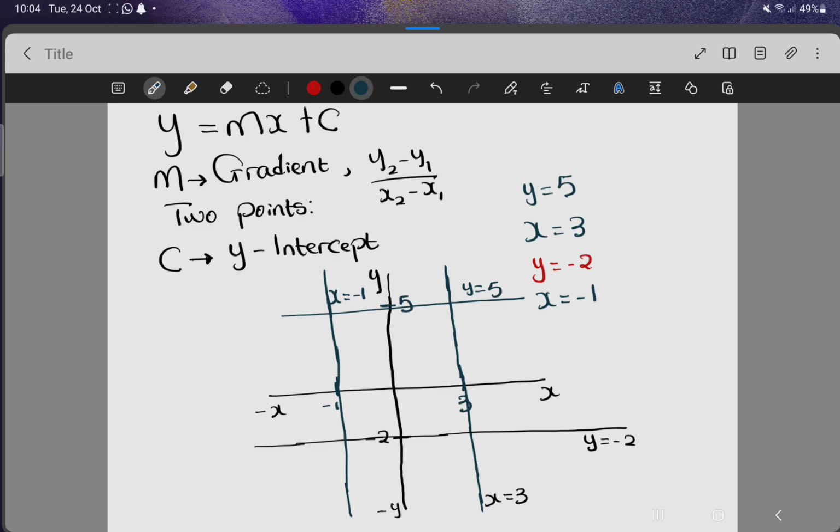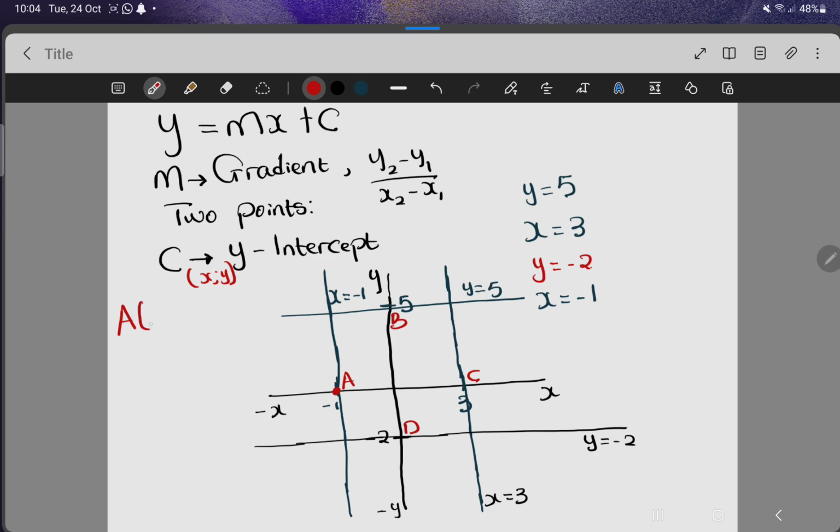Now, let me say something like this. I'm going to point: this is your A, this is your B, this is your C, that is your D. Sometimes they can say write that in terms of coordinates. Remember, the coordinates are always x, y. We always start with the x-coordinate.